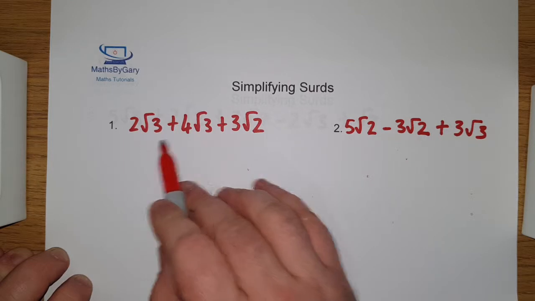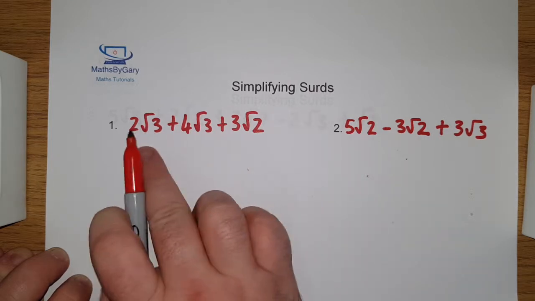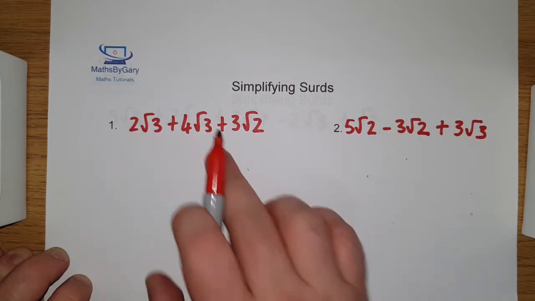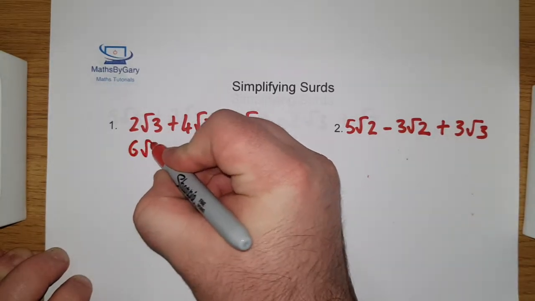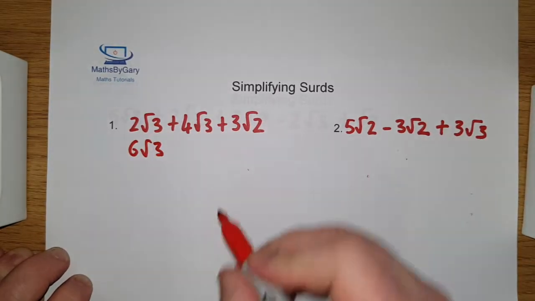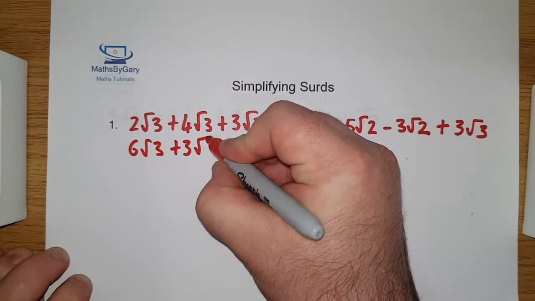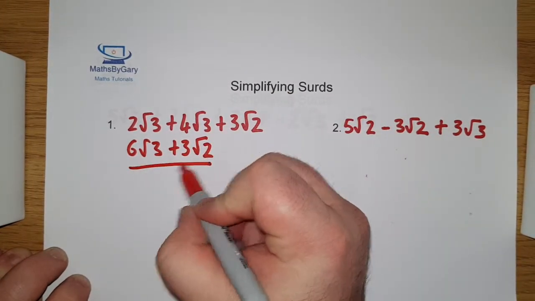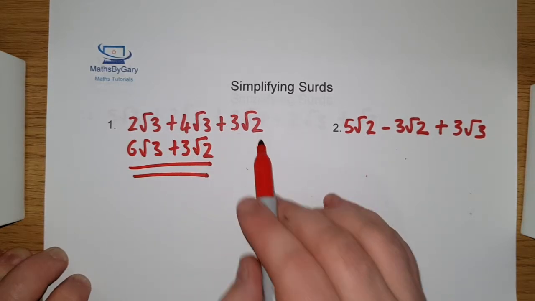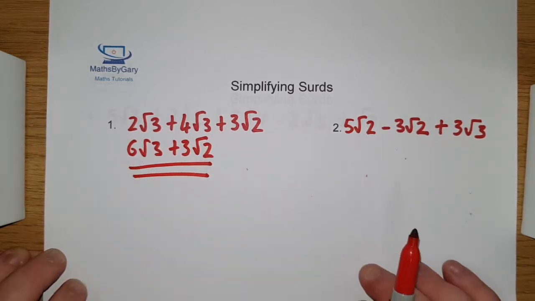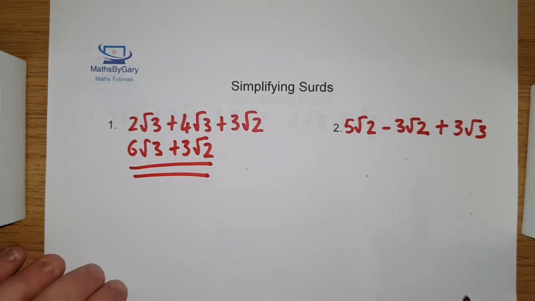Because root 3 and root 3 are the same, we can add these together. So 4 plus 2, 6 root 3 plus 3 root 2. So we have simplified it to 6 root 3 plus 3 root 2.